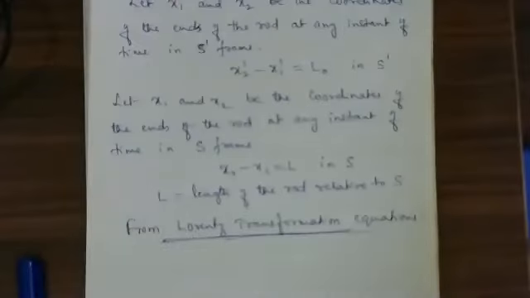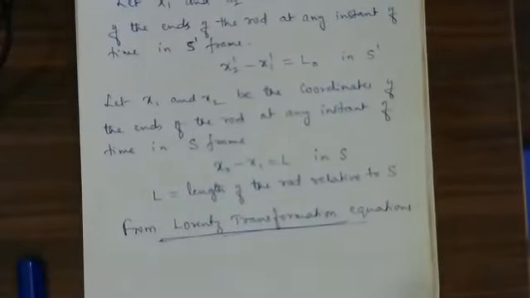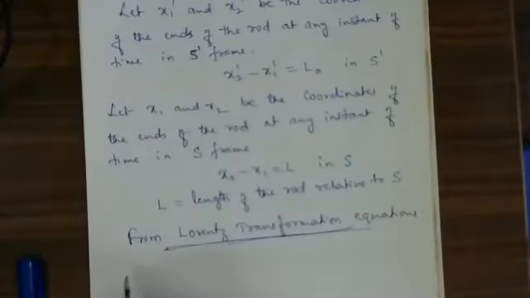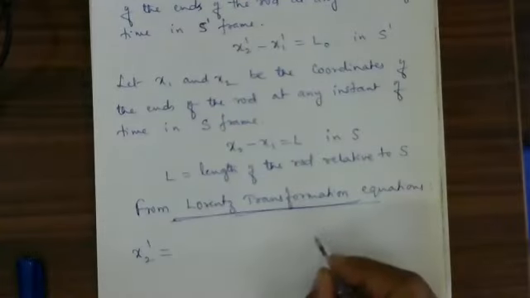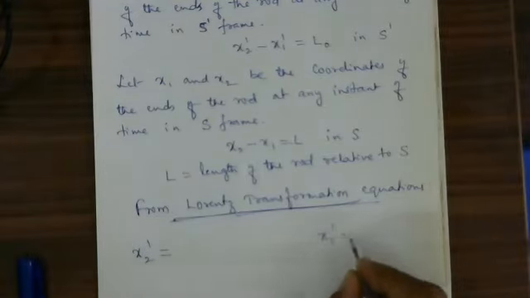Now I want to write x dash is equal to how much? Here x dash is there, but here x1 dash and x2 dash are there. So first I will consider x2 dash. How to write x2 dash? And I am supposed to write x1 dash also, using the Lorentz transformation equation. At least you tell me the answer.